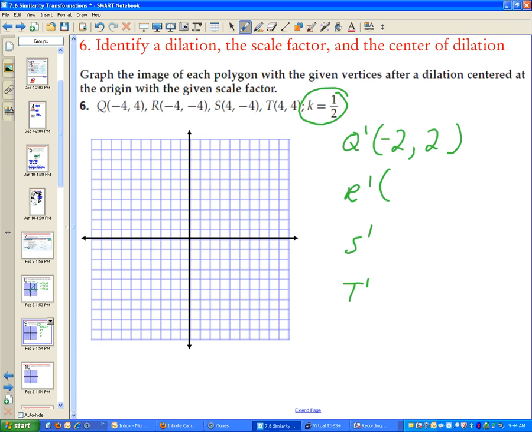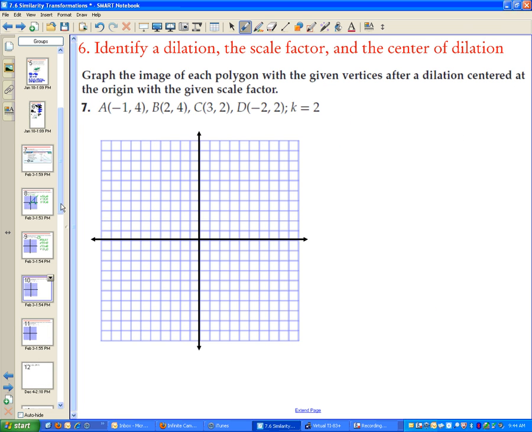Positive 2. Go to R prime. Well, negative 4 times 1/2 is negative 2 again for both coordinates. For S prime, what are my new coordinates? 2, negative 2. And what are the coordinates of T prime? Then you can graph those, can't you? So how difficult are these problems? Not very? Say not very. Okay.